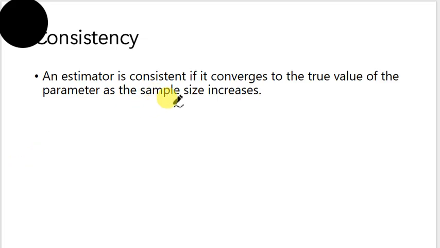Next, the third one is consistency. An estimator is consistent if it converges to the true value of the parameter as our sample size increases.